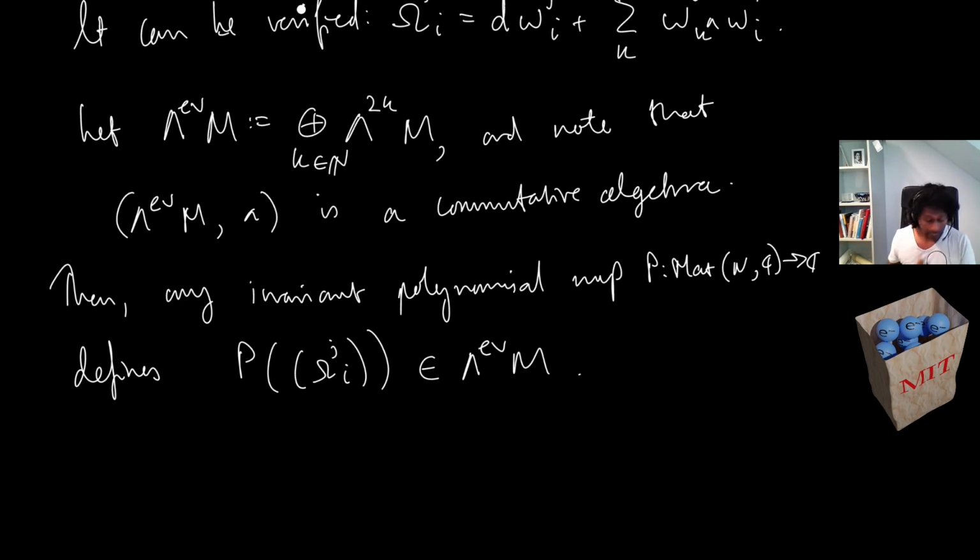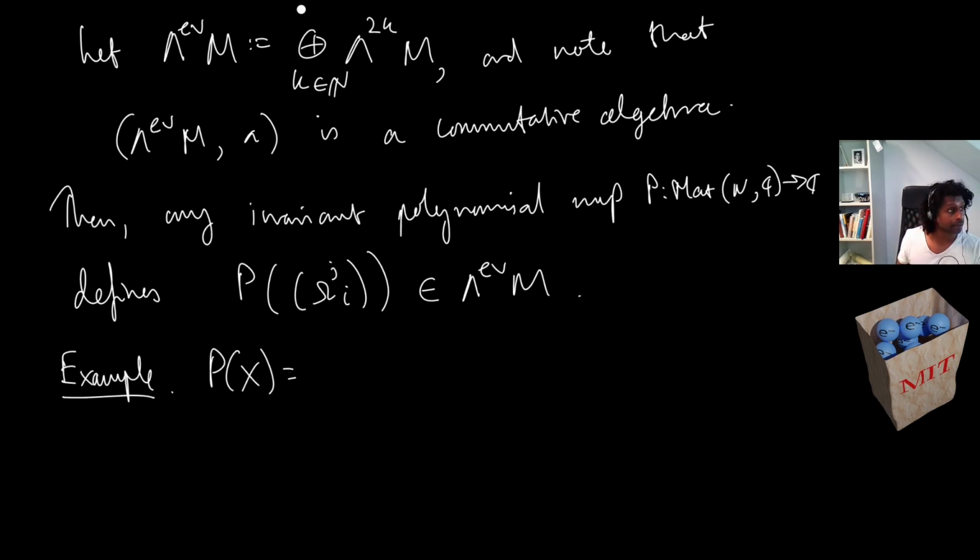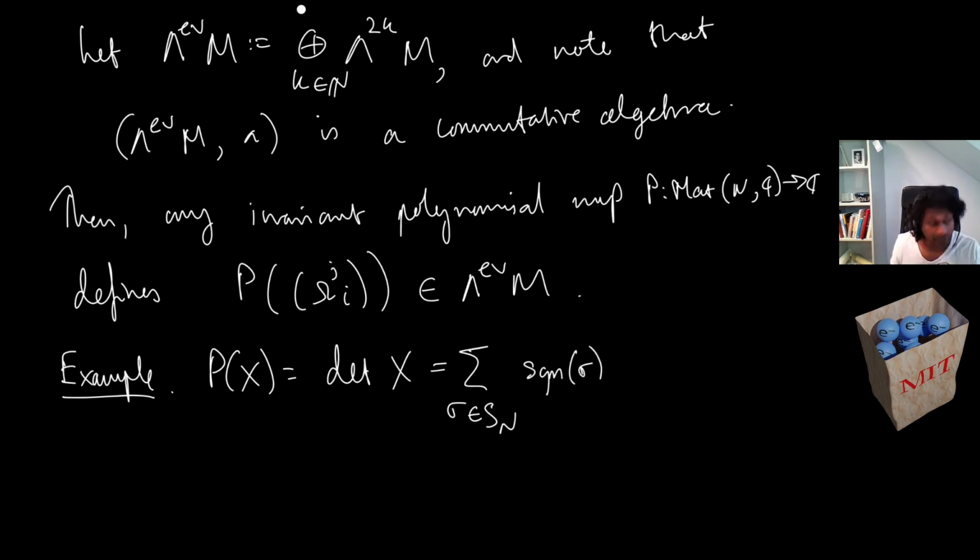Okay, so maybe let's have a look at an example, because this is going to be the most important example for us. So let's suppose that P of x is the determinant of x. So that's equal to the sum over permutations σ in S_n of the sign of the permutation, and we're going to just have the scalar product, i equals 1 to n of x_{iσ(i)}.